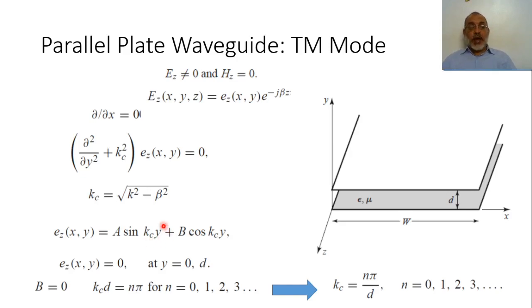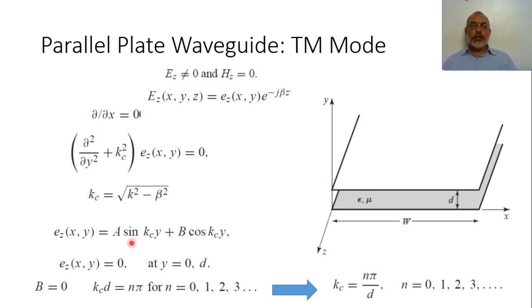So by satisfying that sine kcd equals 0 and a is not 0, this means that we have electric field at different values of y. It is 0 at y equal d, but we still have electric field Ez between 0 and d.